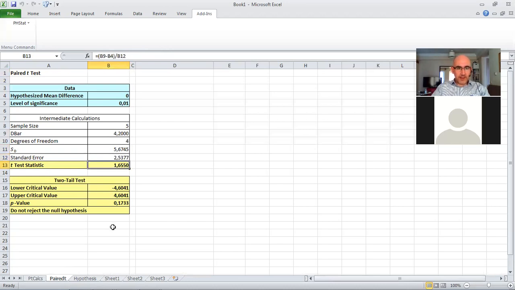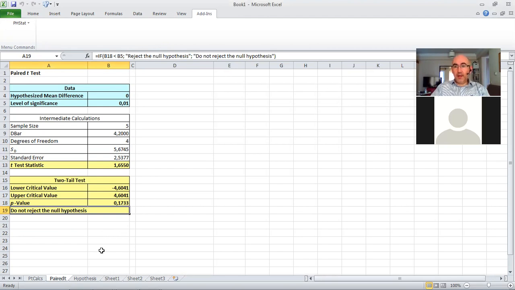And that gives the t-test statistic. Using the T.INV.2T function, we can get the critical value. Since the test statistic of 1.65 is inside the do not reject region, the conclusion is do not reject.